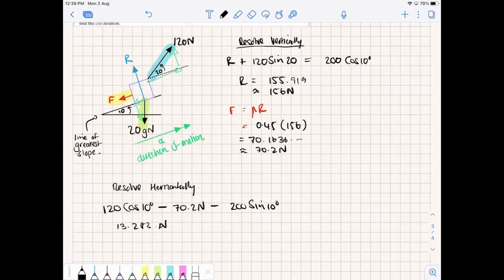That tells me that there is a positive net force. In other words, the force is going in the direction of motion. So what you've calculated here is your net force, right? And sign matters. If it's negative, that means that the net force was in the opposite direction to the direction that you thought it was going to be.